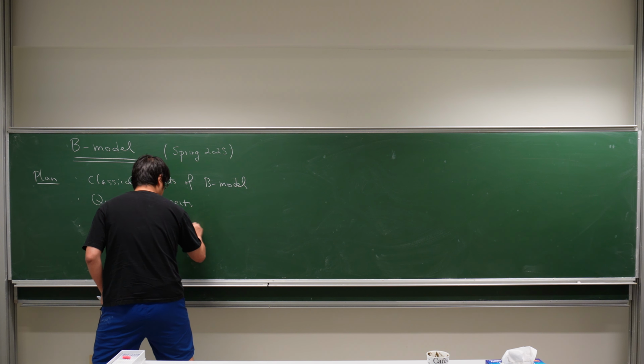One is related to symplectic geometry, and usually people call this A-side or A-model. And the other one is related to complex geometry, and this is called B-model.